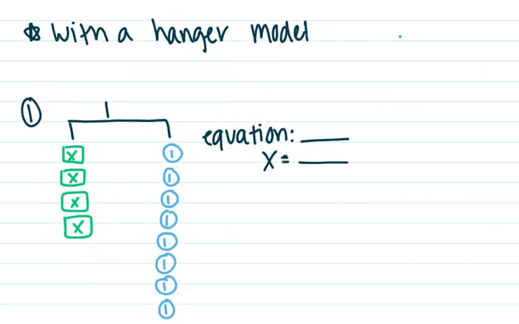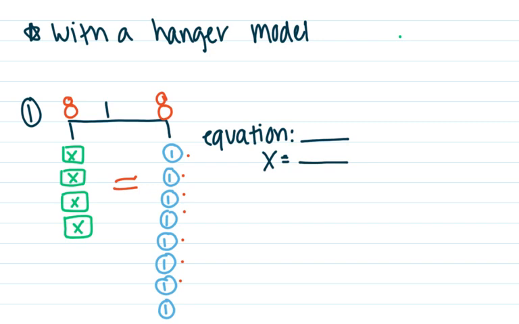Okay. The third way that we can model these types of equations is with a hanger model or a mobile model. On this side of my equation, I have 1, 2, 3, 4, 5, 6, 7, 8. And if this side equals 8, that means that this side also is supposed to equal 8. For this hanger to be balanced correctly and not be slanty one way or the other, each side has to equal the same thing.